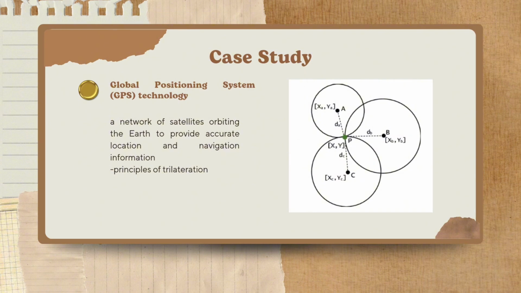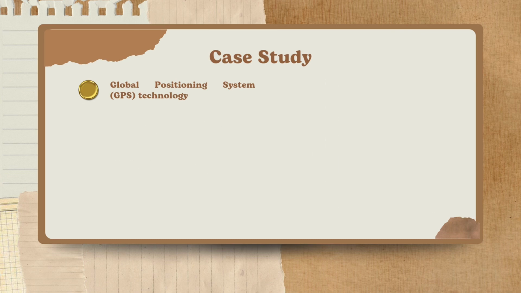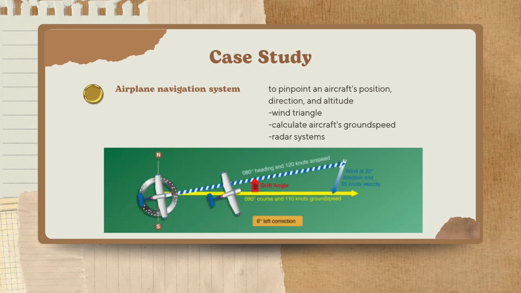These distances, combined with satellite positions represented as points in 3D space, enable the receiver to determine its exact location using trilateration. Vectors also play a crucial role in calculating velocity and direction, allowing GPS to monitor speeds, track vehicles, and plan optimal routes.